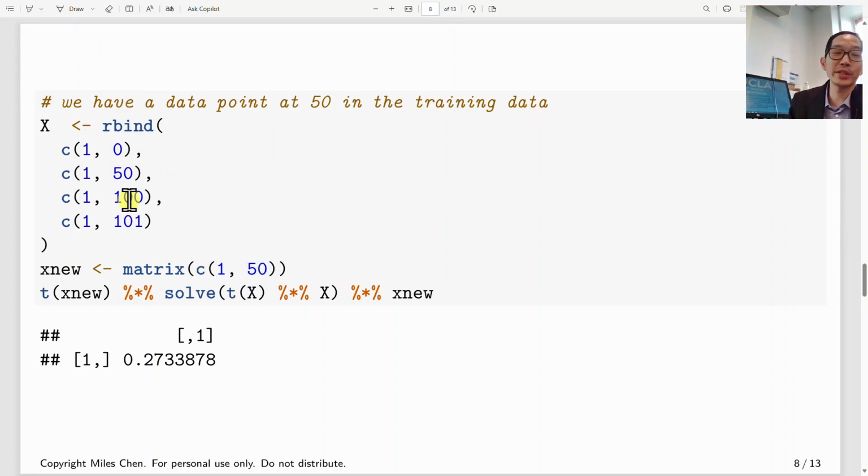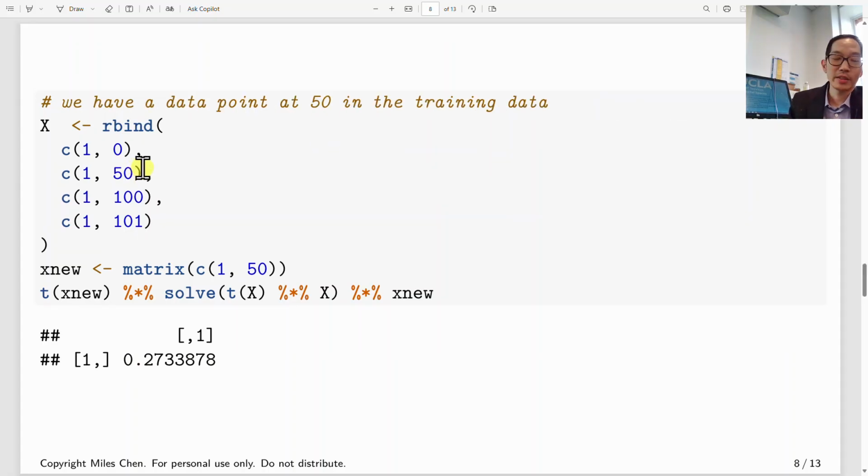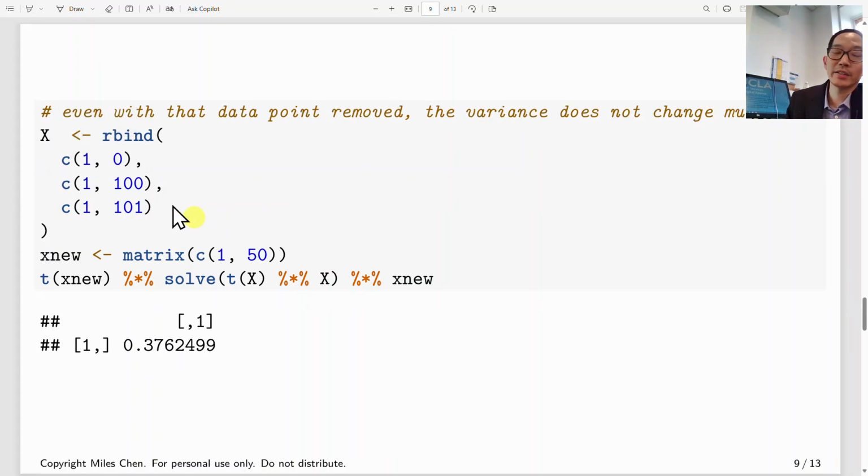If I've got a 0 and 100, that pinches down, and so we have very little variance here, okay? Okay, so here I have this. I can remove this, right? And the amount of variance here is a little bit bigger, but still pretty low, okay? And that makes sense.